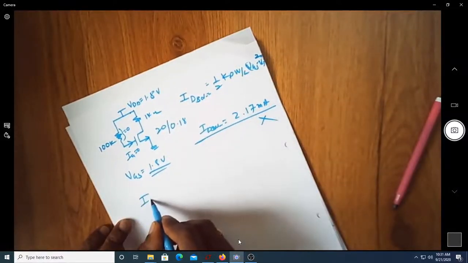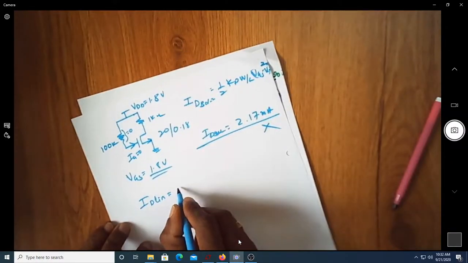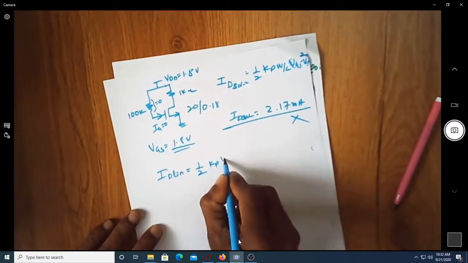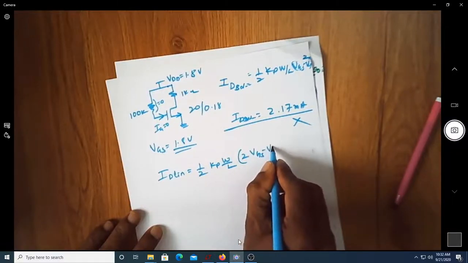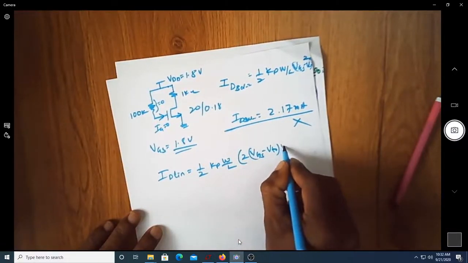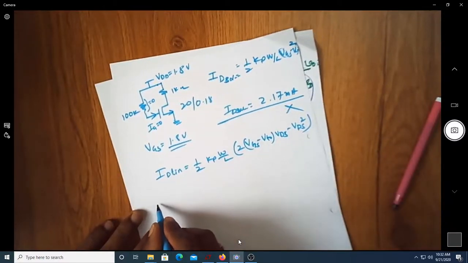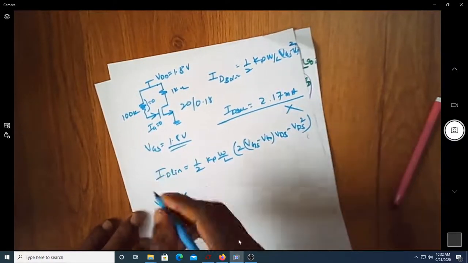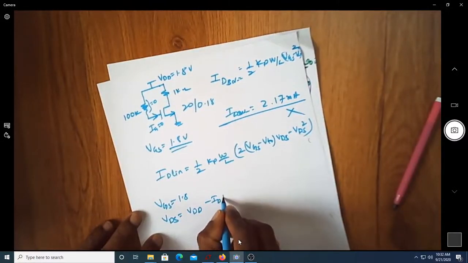So let us take ID as linear. We know that when the transistor is in linear region, the expression for drain current is half into Kp W by L, 2 into VGS minus VTO into VDS minus VDS whole square. Since we know VGS is equal to 1.8 and VDS is not always VDS sat, you are right, VDS is equal to, in this particular case, VDD minus ID into RD.